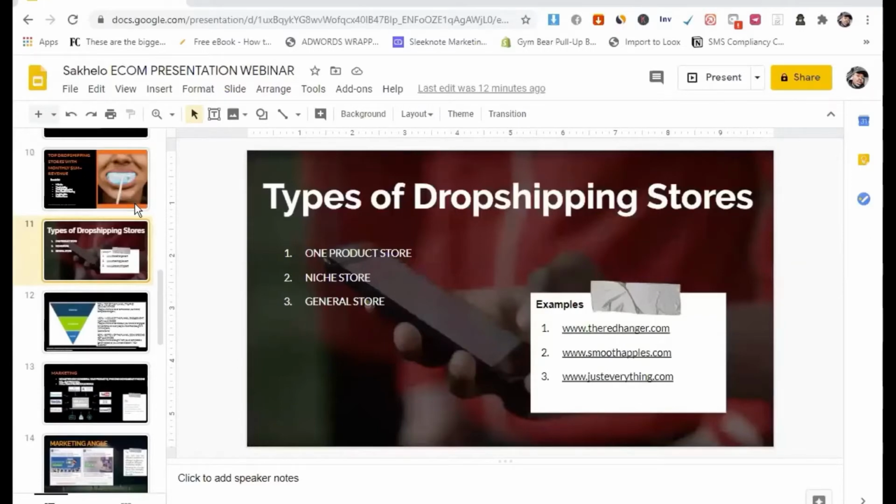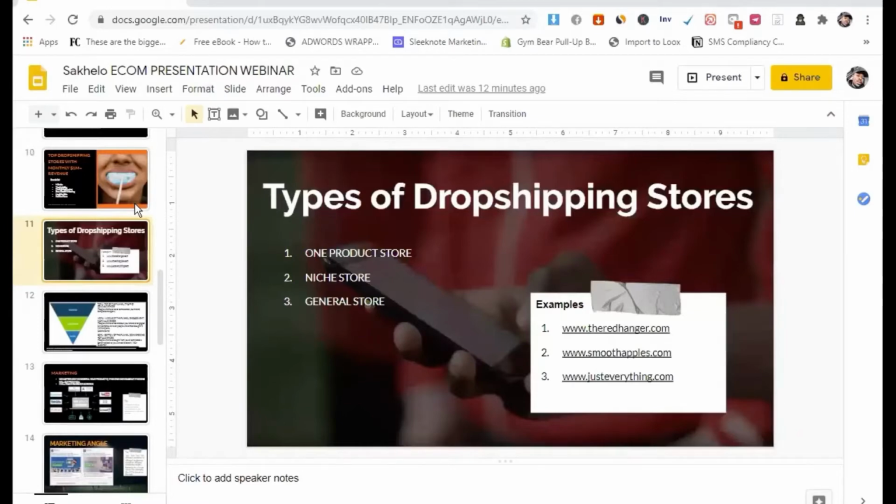Okay, a niche store. In this example two, I'm going to use apples. Let me just explain what it is before I go on. A niche store is a store where, let's say you were selling apples, so apples is the niche. Instead of selling laptops and blankets and stuff like that, you will only focus on things around apples.